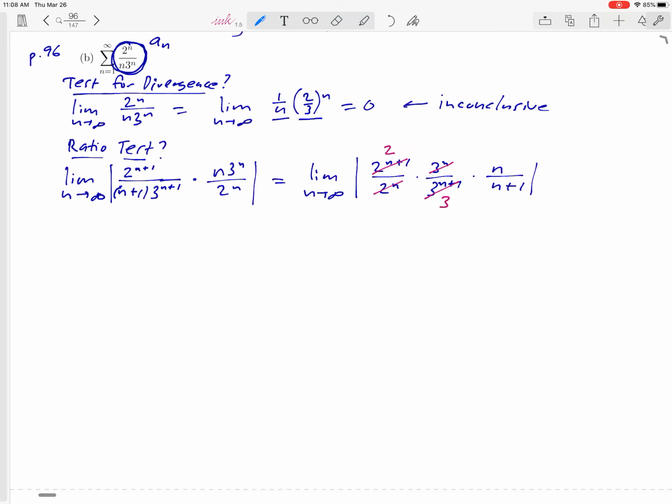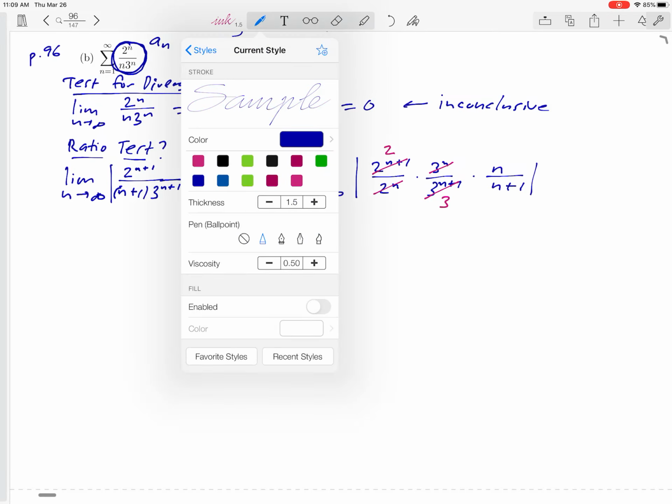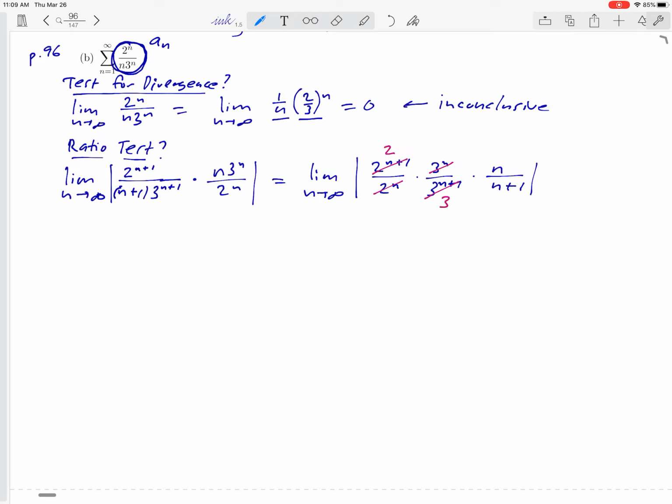Then we come to the n over n plus 1. Can we do any cancellation there? It's tempting to cancel the two n's, but we can't do that because of the plus sign. It wouldn't be algebraically legal to cancel the n, so we have to leave that the way it is. So we've done all the canceling we can do.